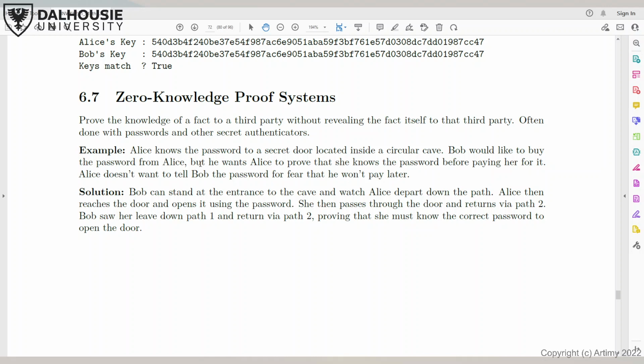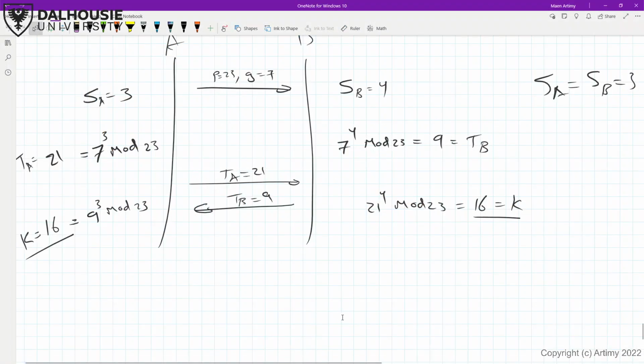Alice is not gonna give her secret without payment, and Bob is not gonna pay without knowing the secret. So there is a way to prove that you know something without actually telling anybody what it is. And that's the zero knowledge proof system.